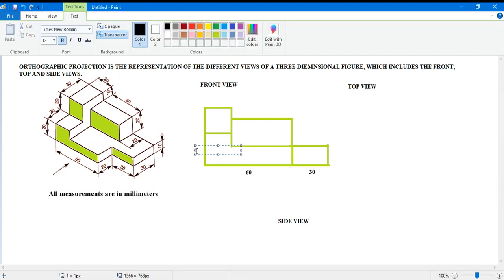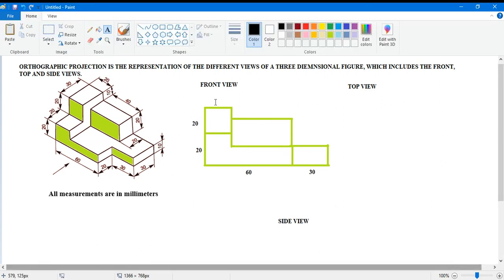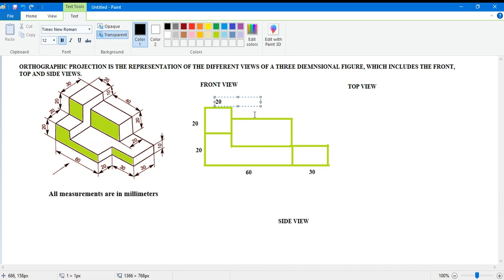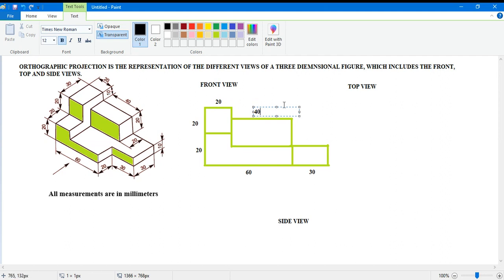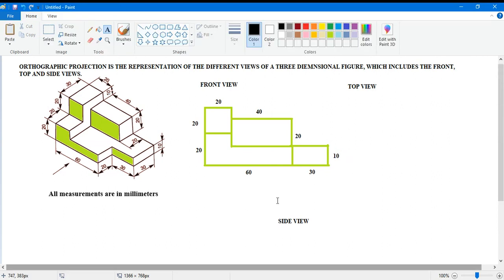And right here I have a 20. Another 20. 20. Now this is 40 millimeters. Right here is another 20. And this last piece here is known as a 10. So these are my measurements.